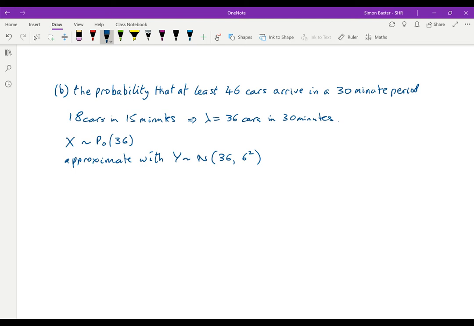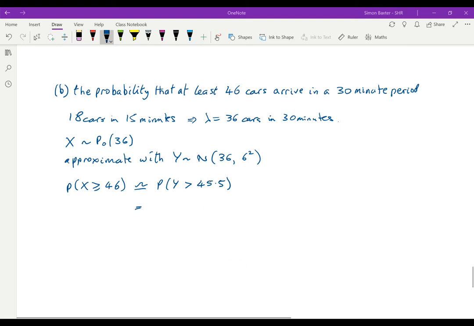Now we're looking for the probability that X is greater than or equal to 46, at least 46. That is approximately the same as the probability that Y is greater than, if I want to include 46, I must have 45.5, and it really doesn't matter whether I write greater than or equal to when I'm dealing with a continuous function, the normal.